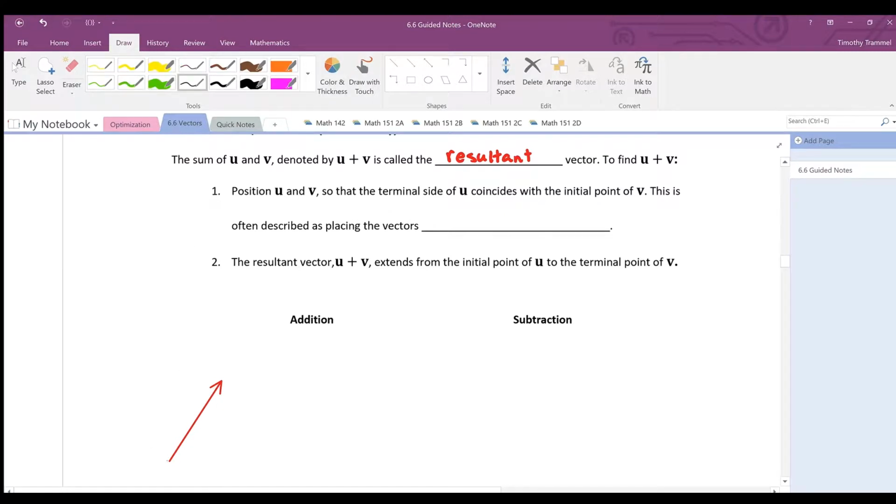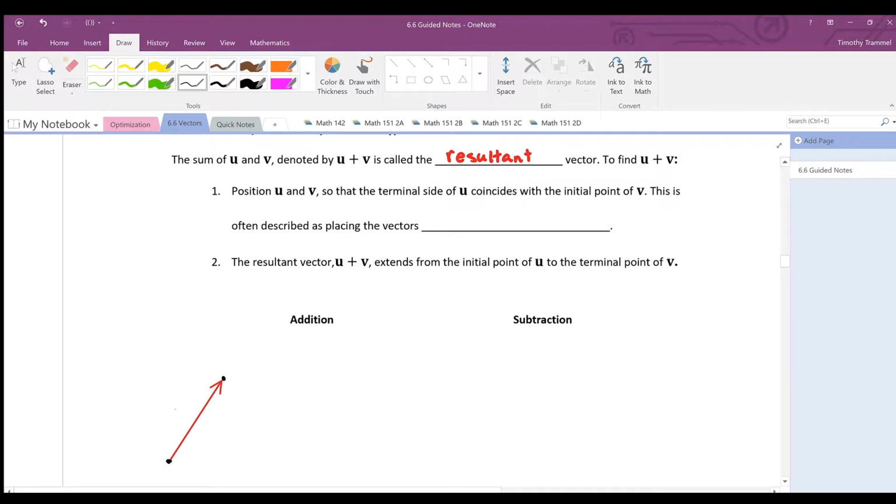Right, so here's the idea. If this is one of our vectors, this is its initial point, this is its terminal, and we want the terminal side of u to coincide with the initial point of v. So that means that v is going to start where u ends.